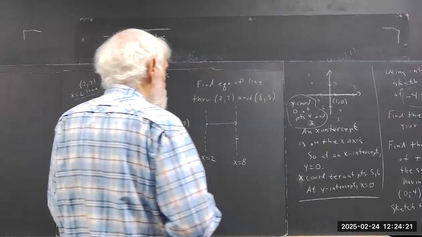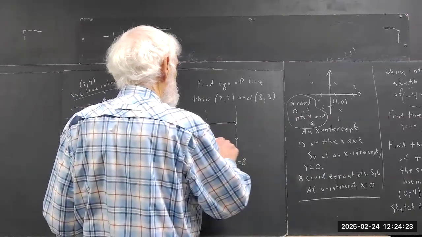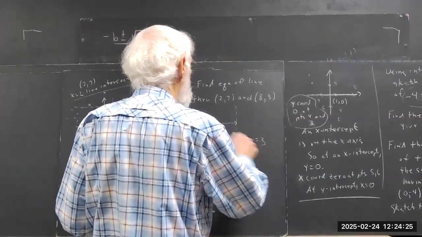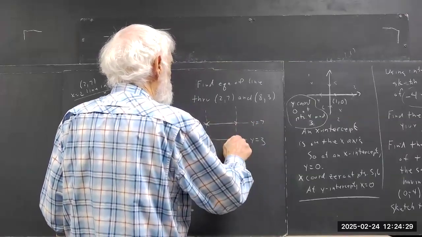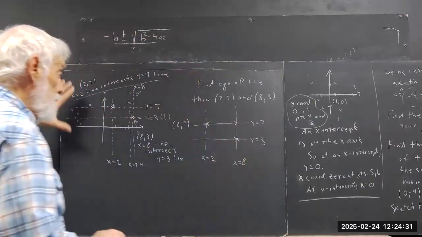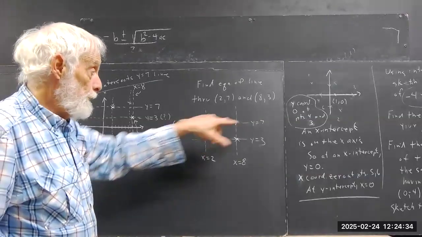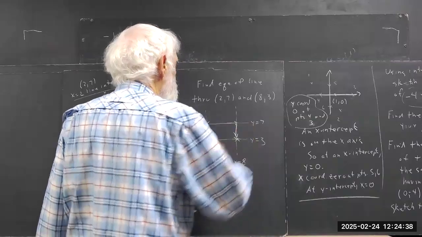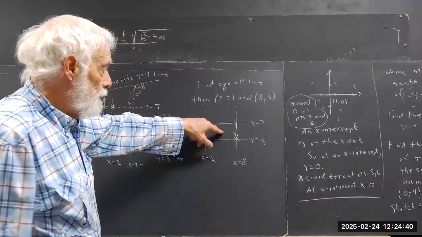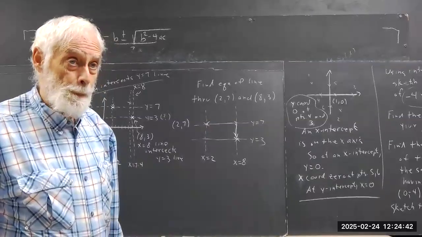So here is the y=3 line. Here's the y=7 line. Here are the 2 points. We never needed a set of coordinate axes as long as we think about what's to the right and what's to the left and what's up and what's down. There it is. And from here, you could calculate the slope.